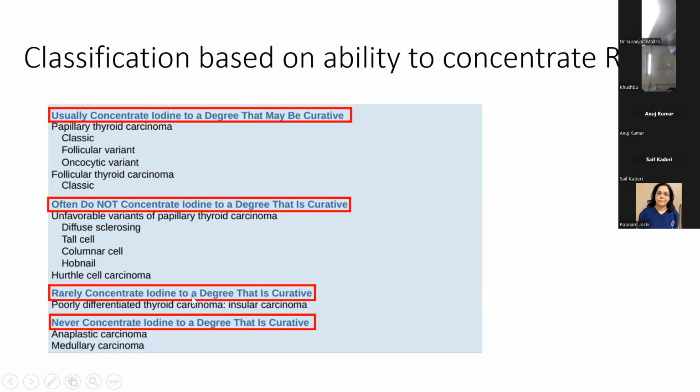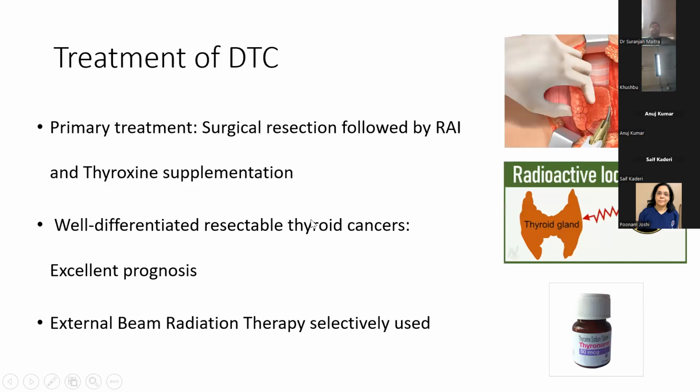Then there is a group that rarely concentrates iodine to a degree that is curative. That is poorly differentiated carcinoma, like I already mentioned, the insular carcinoma. And the ones that never concentrate iodine to a degree that is curative are the anaplastic and the medullary carcinoma of the thyroid. So coming to the broad treatment of differentiated thyroid cancers, the primary treatment of these cancers is surgical resection, followed by radioactive iodine and thyroxine supplementation.